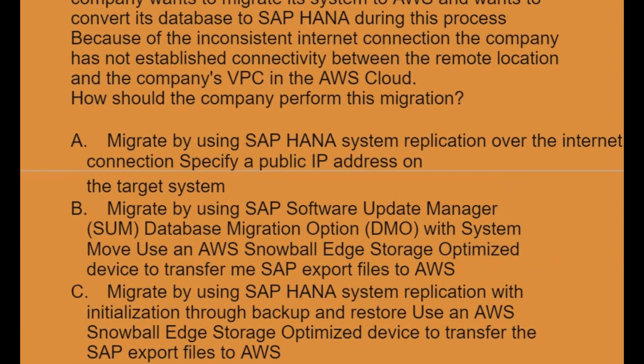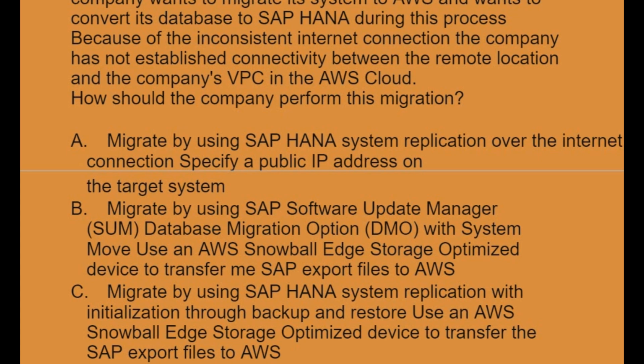Option A, migrate by using SAP HANA system replication over the internet connection. Specify a public IP address on the target system. Option B, migrate by using SAP Software Update Manager SUM database migration option DMO with System Move. Use an AWS Snowball Edge Storage Optimized device to transfer SAP export files to AWS.